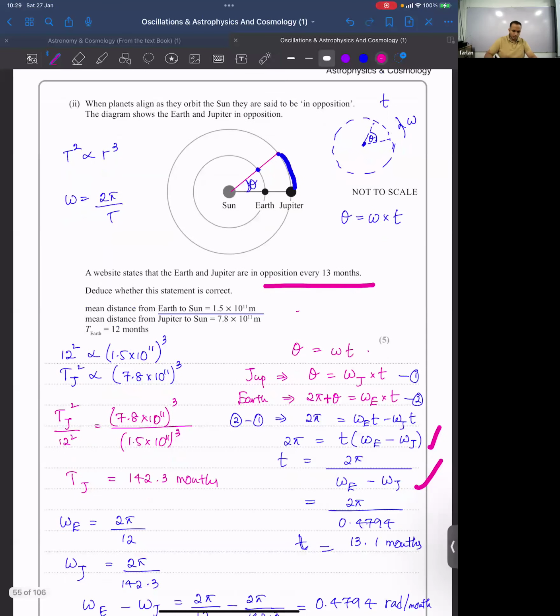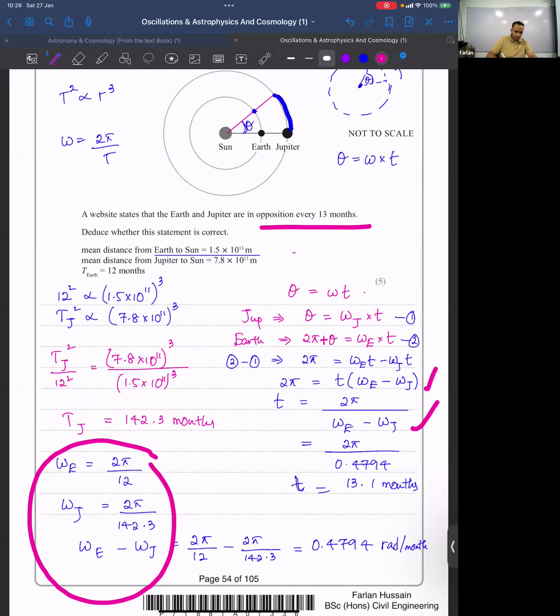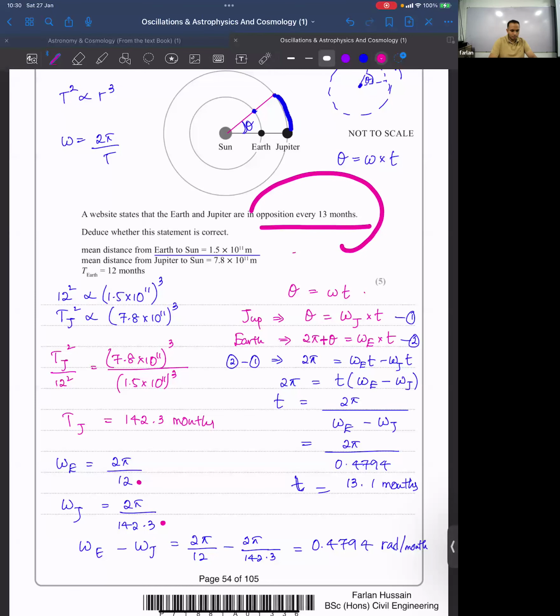Then I got omega e and omega j separately. Omega e is 2 pi over the time period of the Earth, which is 12 months. Omega j is 2 pi over 142.3, the time period of Jupiter. I didn't convert these months into seconds because I know the final answer is required in months.